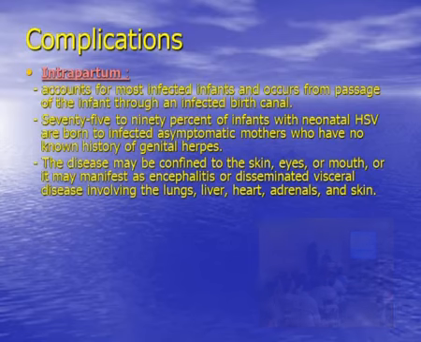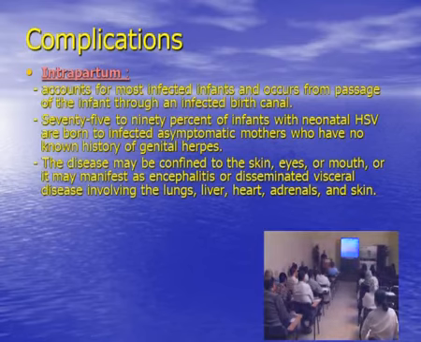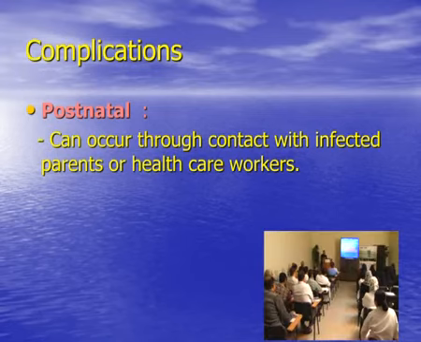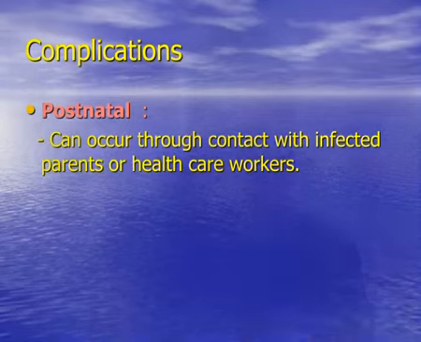The disease may be confined to the skin, eyes, or mouth, or it may manifest as encephalitis or disseminated visceral disease involving lung, liver, heart, adrenals, and skin. Postnatal infection can occur through contact with infected parents or healthcare workers.